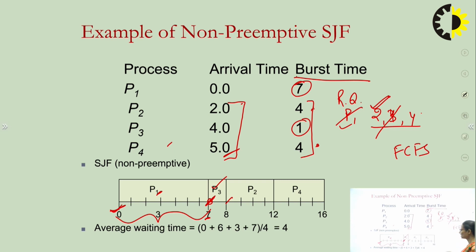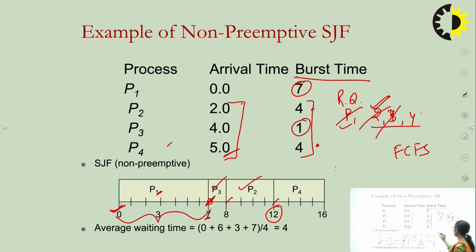P2 is first, so P2 will get the chance first. It will execute for 4, that is, after 12 CPU cycles it will leave the system, and now only one process is left, so P4 will get the chance. So this is the Gantt chart for the SJF non-preemptive algorithm.